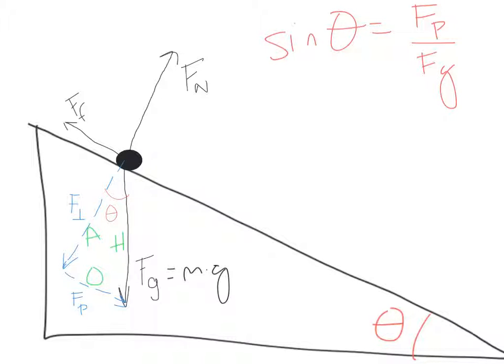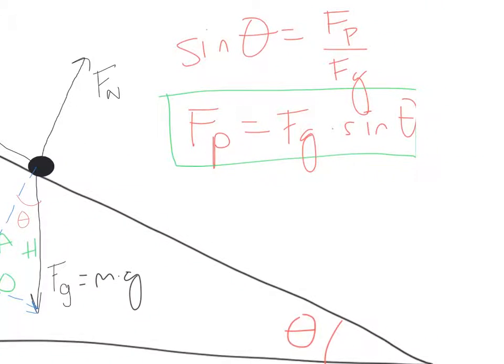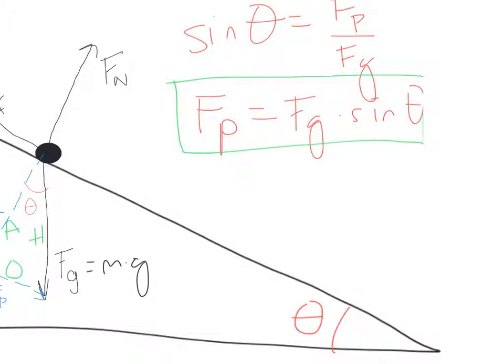If we multiply both sides by Fg, we can solve for Fp, and we can develop this: Fp equals Fg sine theta. And that's going to be a nice, handy little equation for us. So we'll write that down. That should be on your equation sheet there as well.